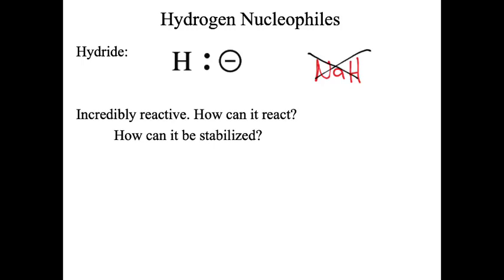No. That one was exclusively a base, and that was solubility. It's ultimately solubility reasons that prevent that hydride from acting as a hydride. So it is exceptionally reactive. It needs something to stabilize it. Have we seen hydride with something else that didn't act as a base?